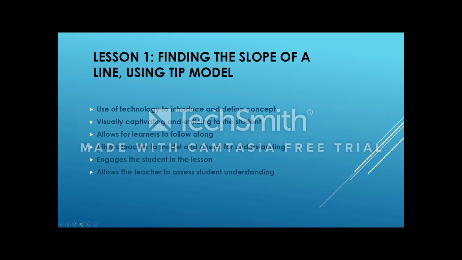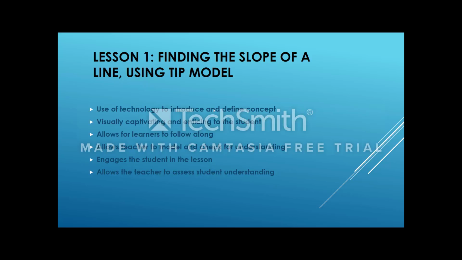Lesson 1, finding the slope of a line using the tip model. First, using the tip model, you're going to see that the lesson will start by introducing or defining the concept of the slope. It helps these students by visually captivating them and enticing them to focus on the definition of the slope.